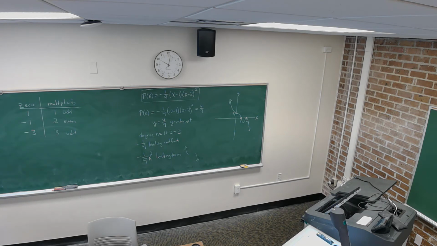So it has a zero of multiplicity 1 at x equals 1, a zero of multiplicity 2 at x equals minus 1, and a zero of multiplicity 3 at x equals minus 3. And it satisfies the end behavior. Okay.